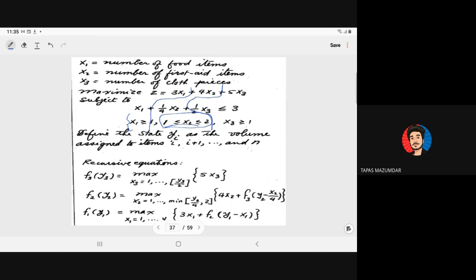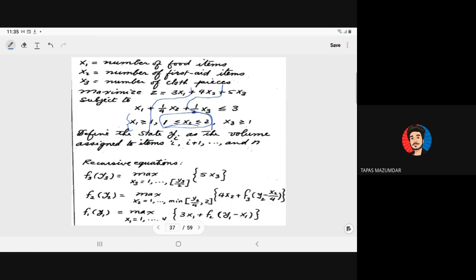For each stage there must be a common criterion. With that we define the state, meaning how much we are allocating corresponding to x1, x2, x3 in stage 1, stage 2, stage 3. So here we define the state variable yi, the volume assigned to items i plus 1 to n.